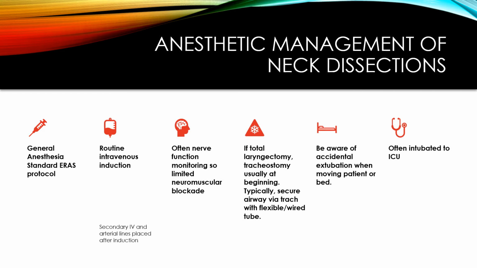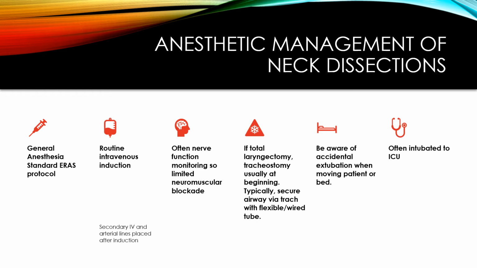And again, you'll need to coordinate with your surgeon if you're going to need to do a tracheostomy or not. Typically, that is done at the beginning of the case to make everything easier. And often you'll put in a wired tube to make it, quote, kink-proof and help get you out of the way of the surgeon.